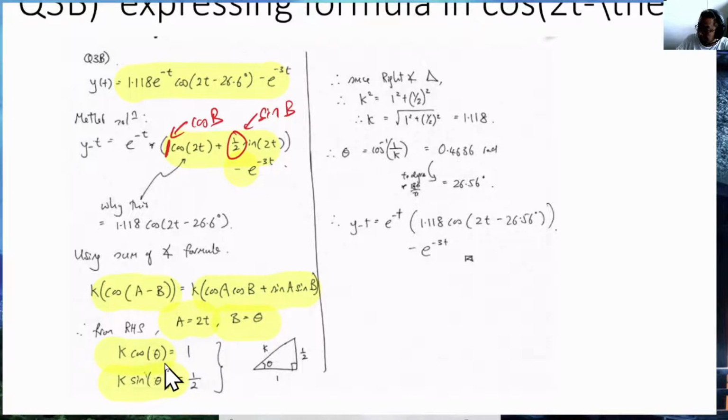So K cos theta, or I should say K cos b equals 1, K sine b equals half, and then when we substitute it, we get the expression as magnitude of 1.118 and phase of minus 26.6. Remember that in our calculation, we are doing it in radians, so this is not typical. We never want to write it in degrees. In the book, it was written in degrees, so I follow suit.